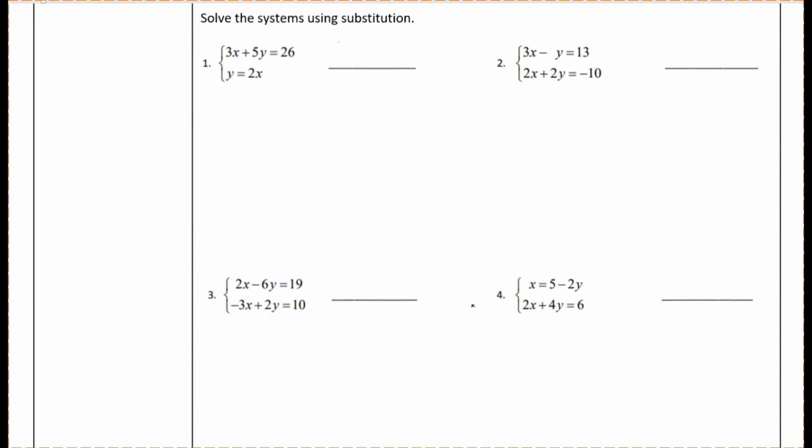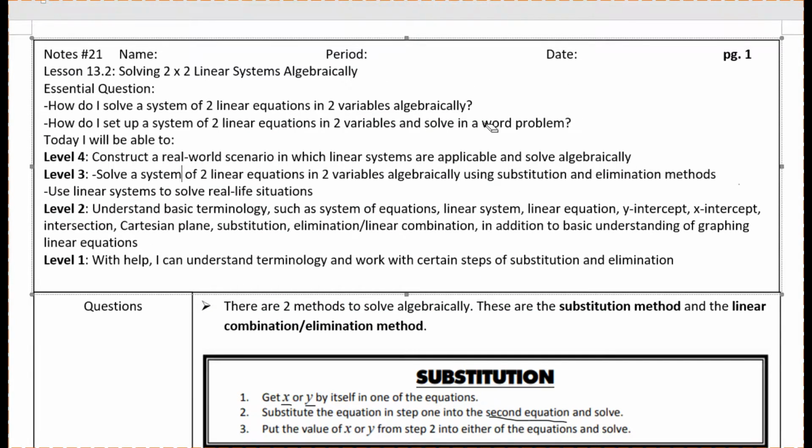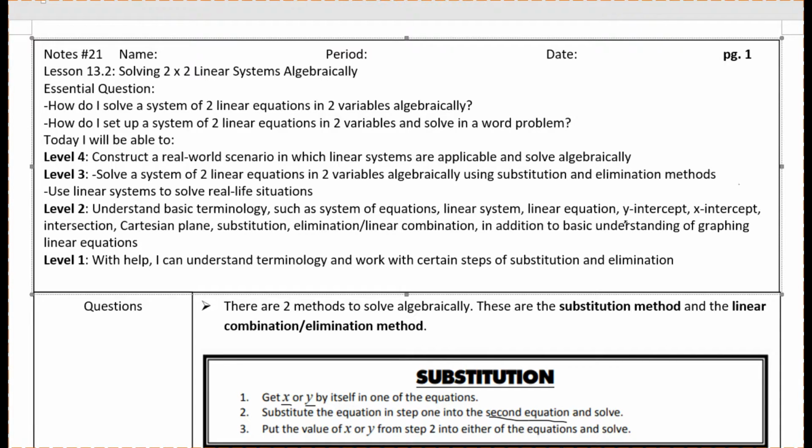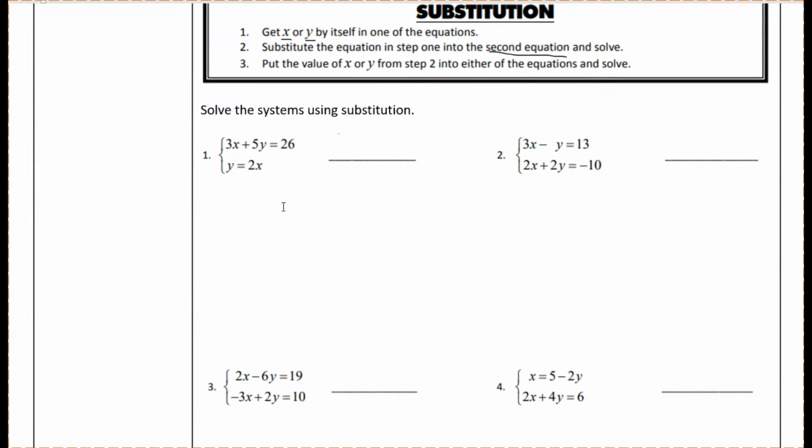For the first problem, notice that the first equation is not solved for x or y. However, the second equation is solved for y. So we're going to make a substitution. We're going to substitute 2x for y.